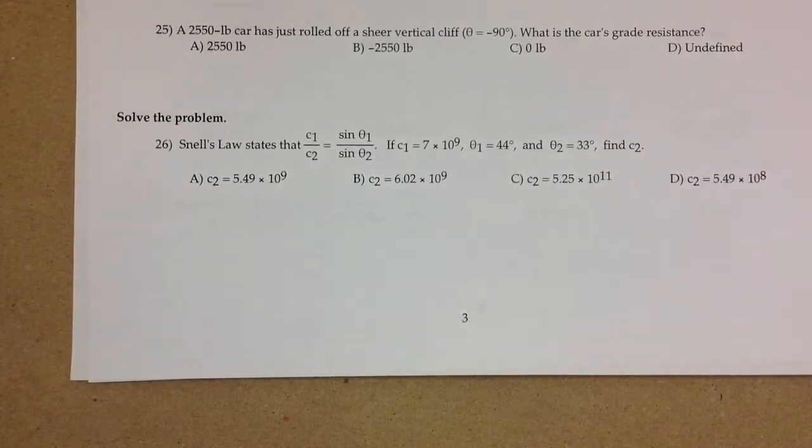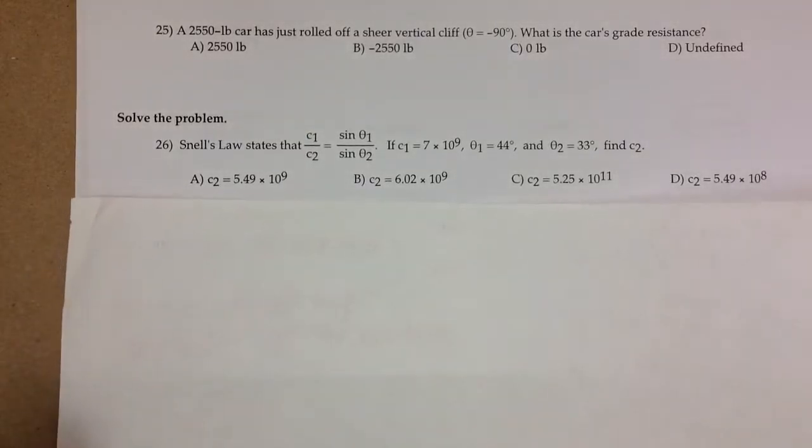Snell's law. Let me at least introduce it to you. Does anyone here use Snell's law in their science class? Okay. Yeah, it's a common formula that's used, I would say, in high school science. It has to do with physics, and in particular light: how light refracts or bends when it passes through different mediums.